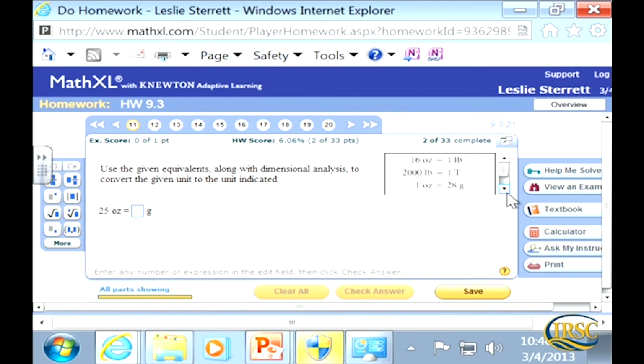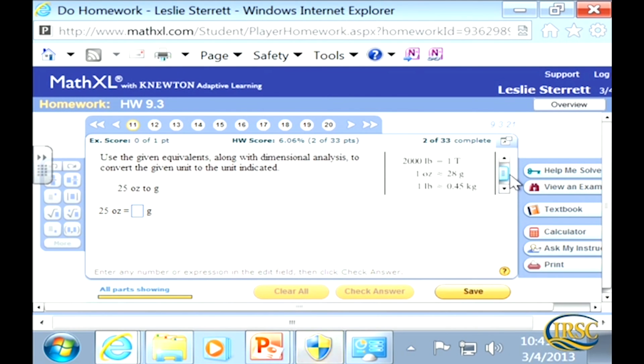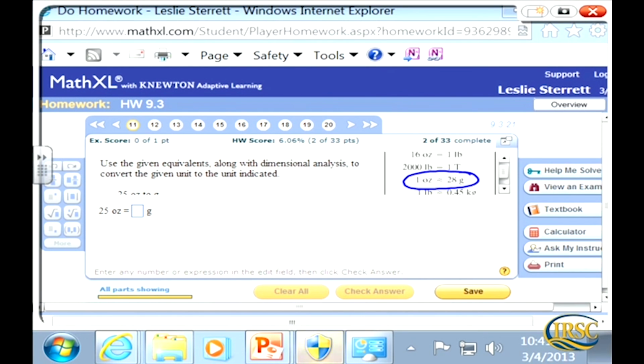Okay, so they want you to do ounces to grams. Notice this chart has all of the weight comparisons here. And so if we're converting 25 ounces to grams, then we need to know that 1 ounce equals 28 grams. And again, start with what you have over 1.